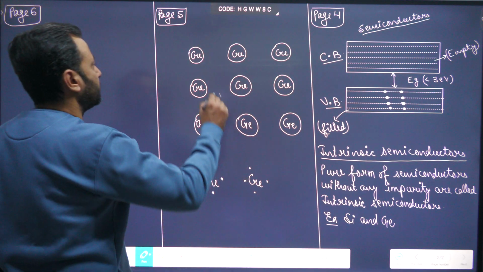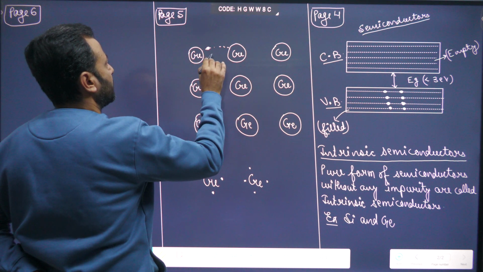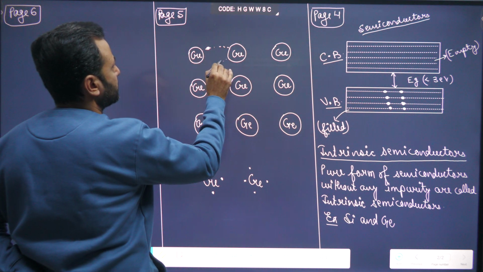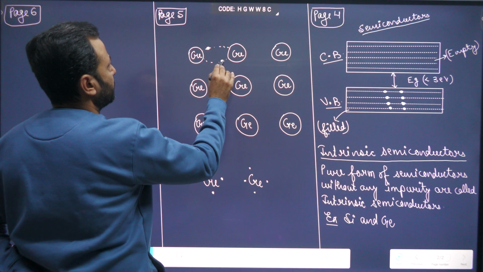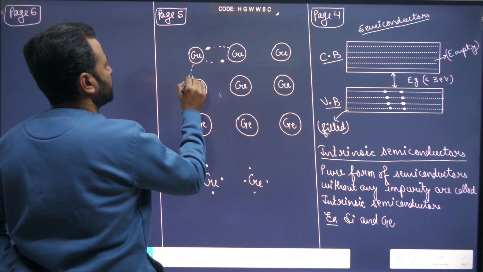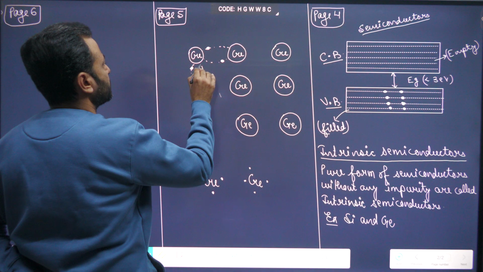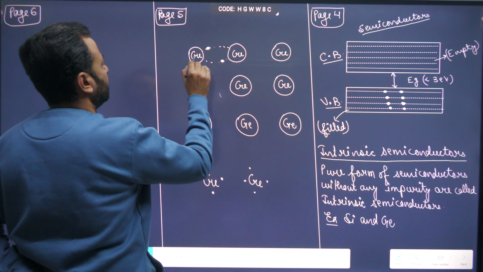So what happens? It shares 1 electron with this neighboring germanium, and this neighboring germanium shares its 1 electron with it. Similarly, it shares 1 electron with the next neighboring germanium, and that one shares its electron with it.